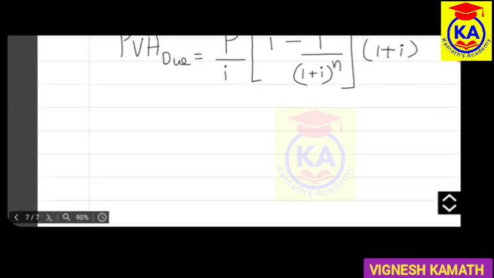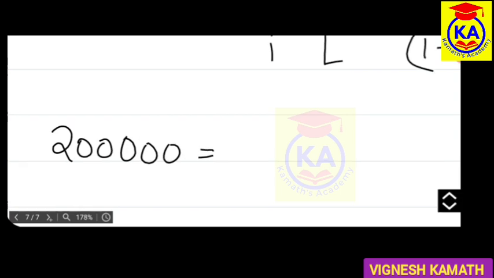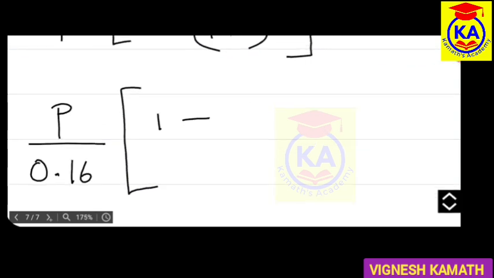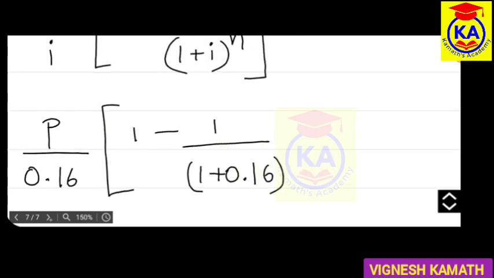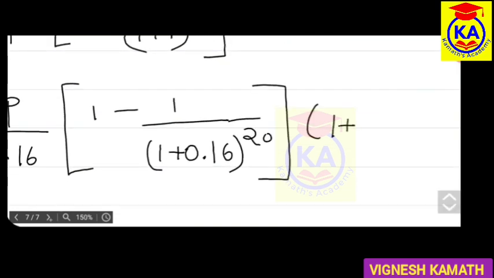Now let's substitute the values in the formula. Present value of annuity due 2 lakh is equal to P by I, which is 0.16, bracket 1 minus 1 by 1 plus 0.16 to the power n, n is 20, bracket close, into 1 plus 0.16.